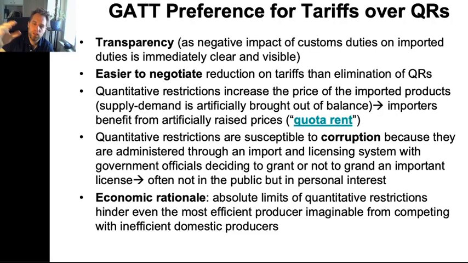Because even the most efficient producer simply can't export more than a given quantity or can't export altogether, it doesn't matter how good the product is, it simply won't be able to compete at the same level or not be able to compete at all. This is the economic reason why the GATT prefers tariffs over quantitative restrictions, because there at least the products will be able to enter the market.